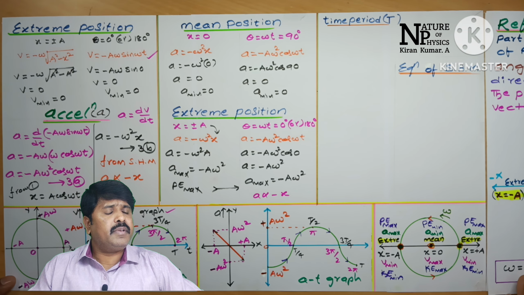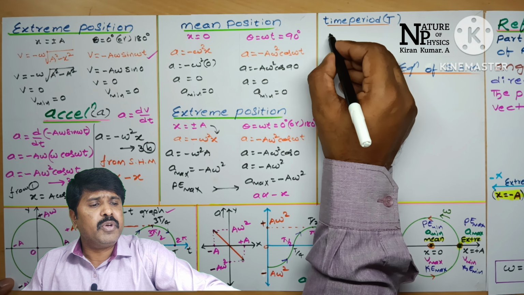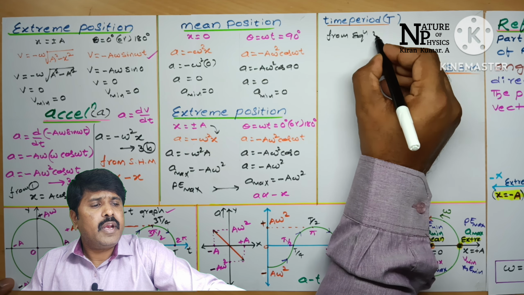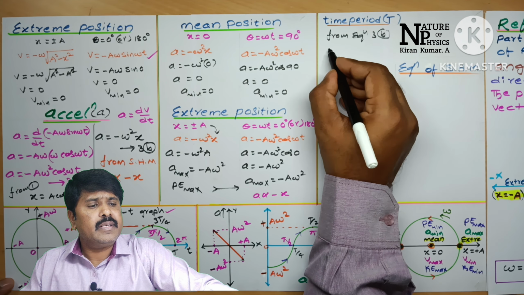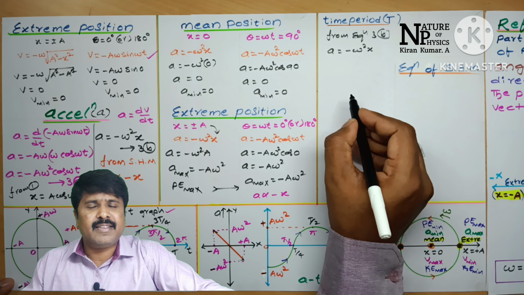For this time period, first the simple harmonic equation I am using from the equation 3b, that is a is equal to minus omega square x.